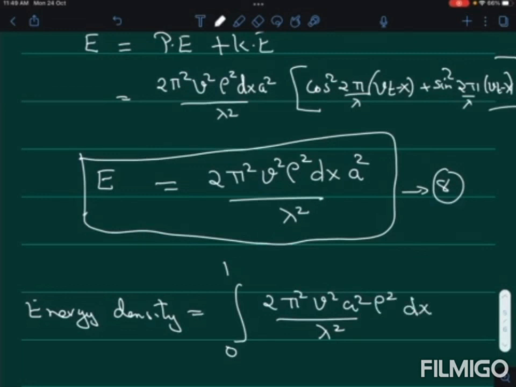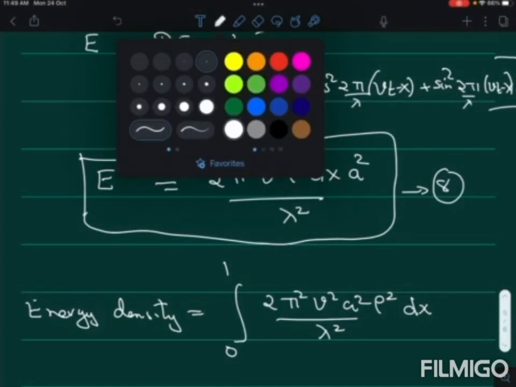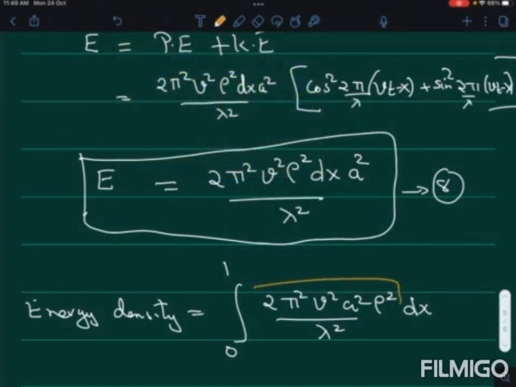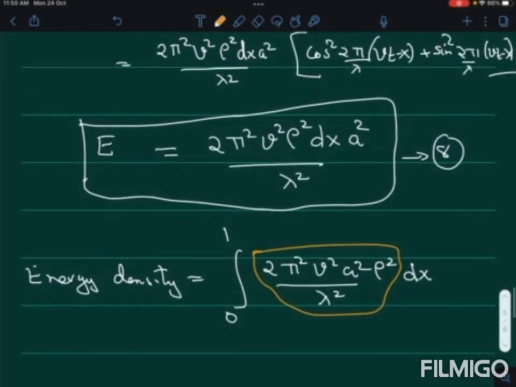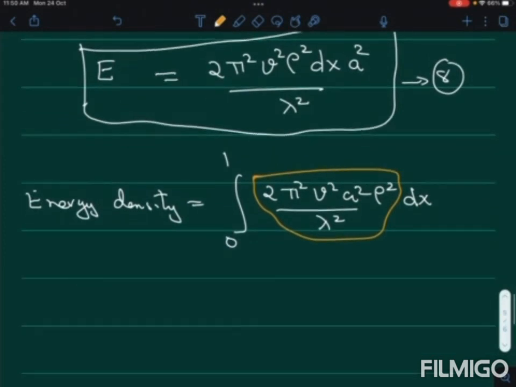All these are constants, and the integral of dx is nothing but x. If you put x equal to 0, it is 0, and if x is equal to 1, it is 1. So your energy density is equal to 2 pi square v square a square rho by lambda square.